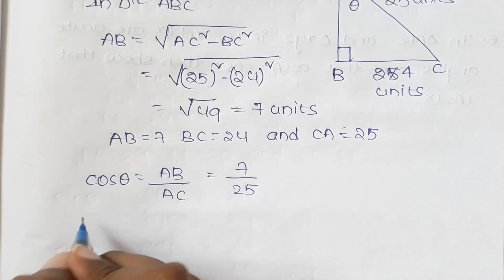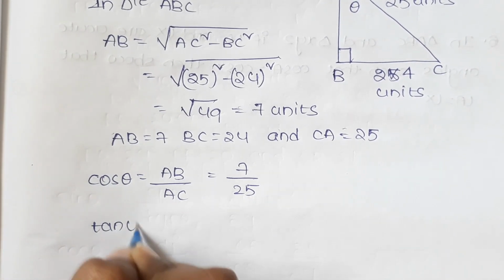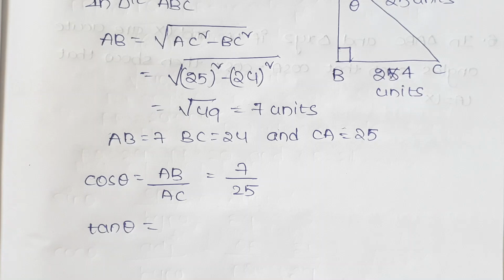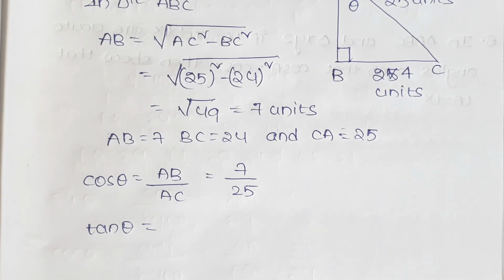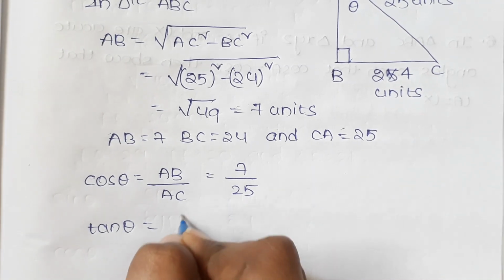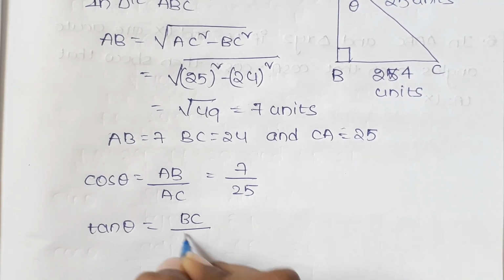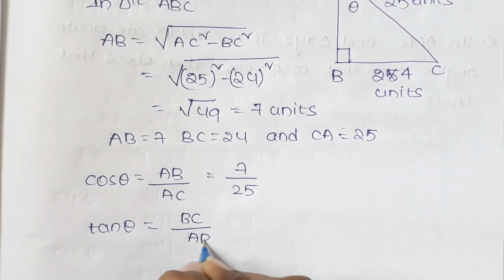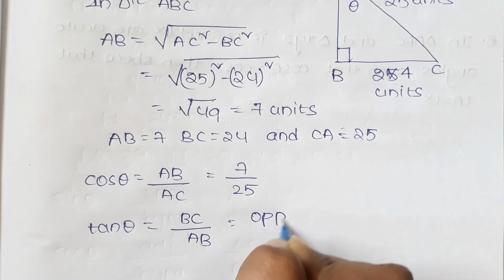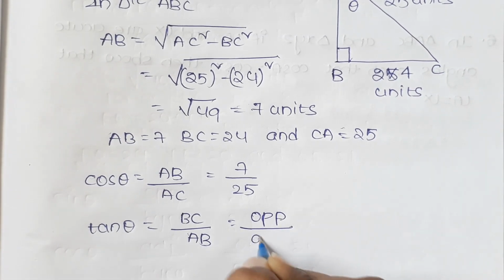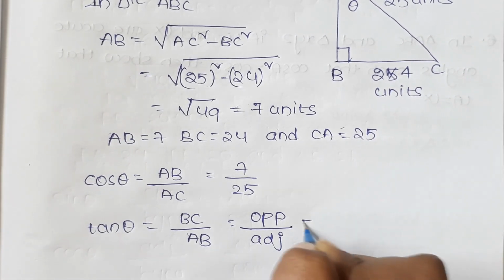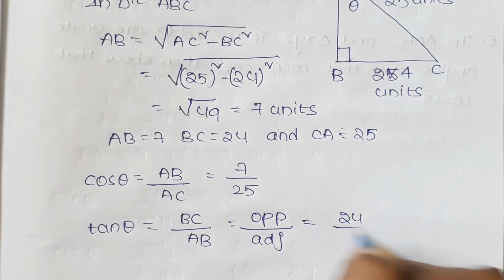And similarly tan theta, length of opposite side of angle theta by length of adjacent side of angle theta, that is BC by AB, opposite side by adjacent side, that is 24/7.